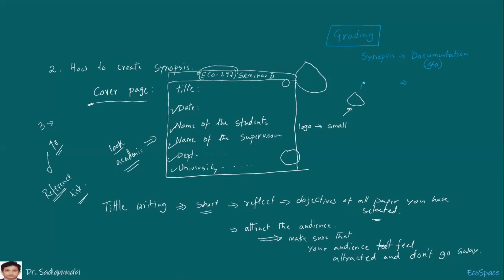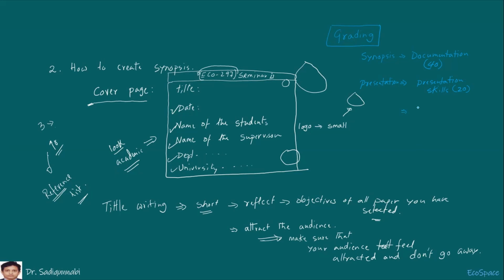Second is for presentation. In presentation, you are graded on presentation skills, what I have talked about. You get 20 marks for presentation skills. I have told you how to present your topic, so you are going to gain presentation skill.